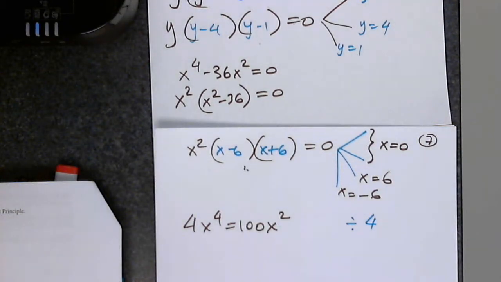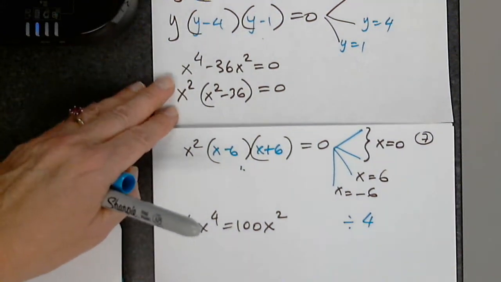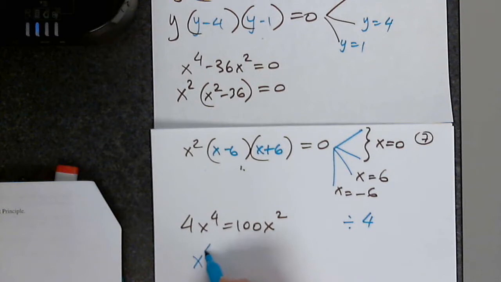No, not a variable. Because if I divide by x squared, I will not present 4 solutions anymore. I can divide by a number. That's not going to affect the answer, but I cannot divide by x. So this is x to the fourth equals 25x squared.